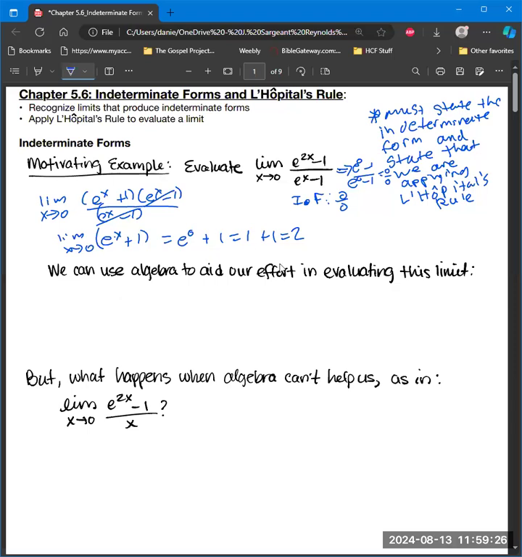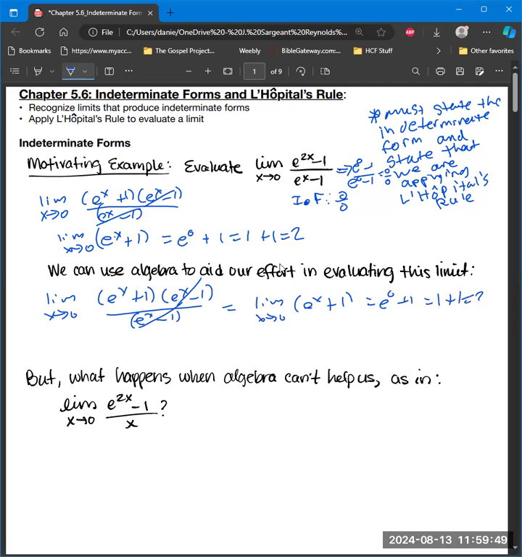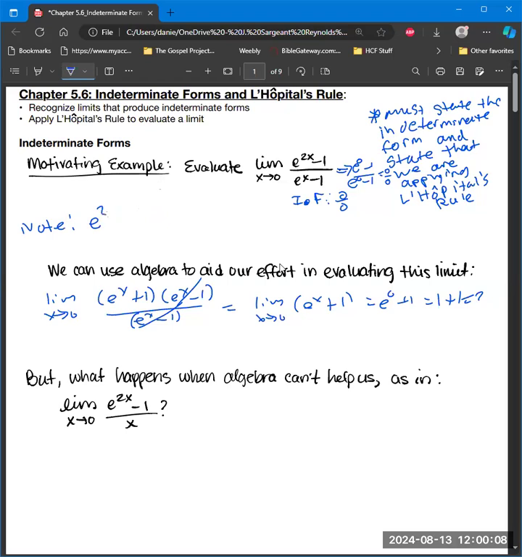Note here, e to the 2x is equal to e to the x, squared.